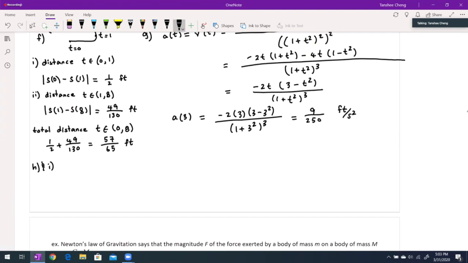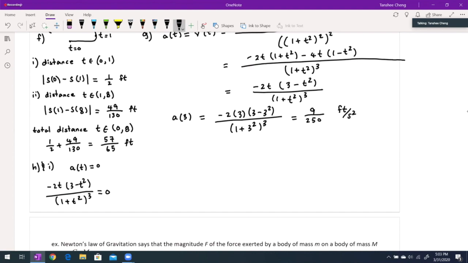The first thing I need to know is when the acceleration function is equal to 0. So that's basically given to me: negative 2t times (3 minus t squared) all over (1 plus t squared) to the third power is equal to 0. When you clear the denominator, negative 2t times (3 minus t squared) is equal to 0.